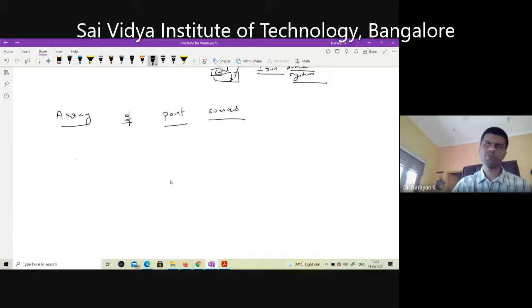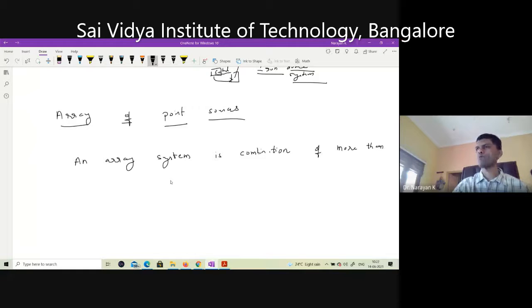Write down: an array system is a combination of more than one antenna, that is, point sources.